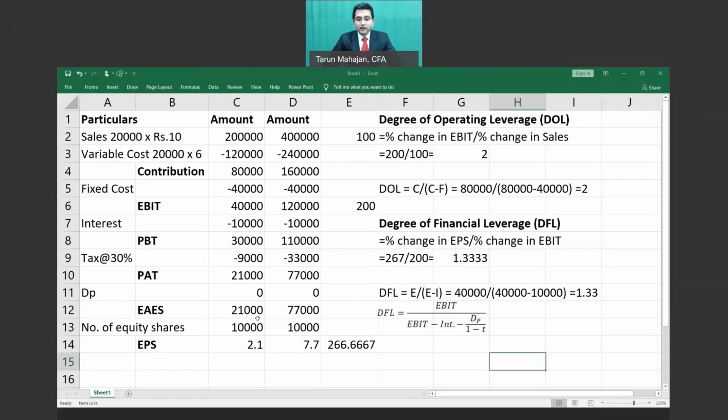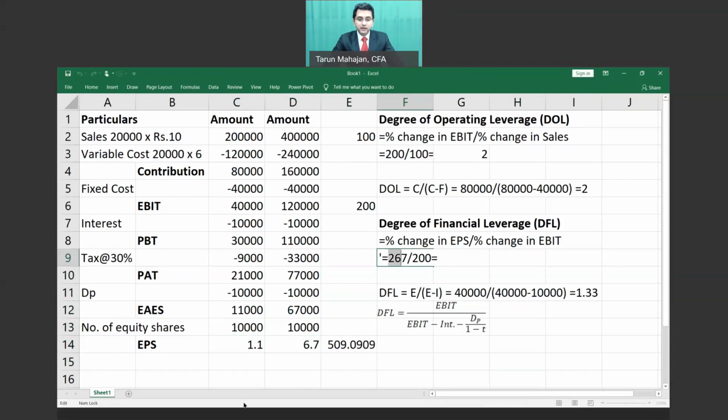So if I quickly create this example with dividend on preference shares also, say dividend on preference share is also 10,000 rupees. Then EPS will be 1.1 and 6.7, and the percentage change in EPS will be 509.09.